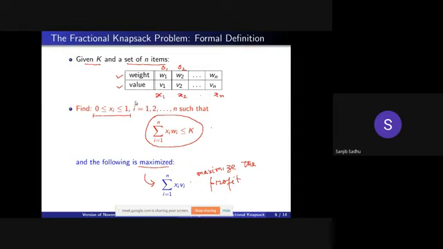If x1 is 0, you are not accepting it, so its value is 0. If you take half of the object, its value will be v1 by 2. Therefore the profit is x1v1 plus x2v2 plus x3v3, in this way up to xnvn. I have to maximize this with the constraint.